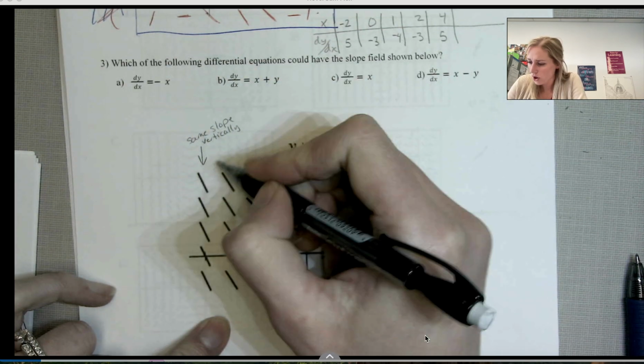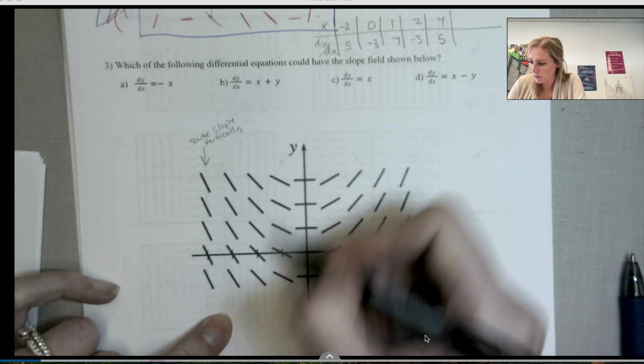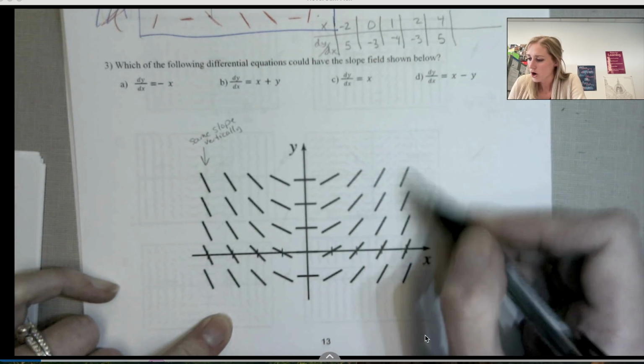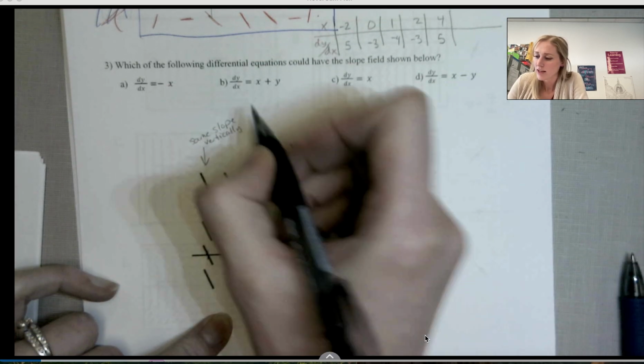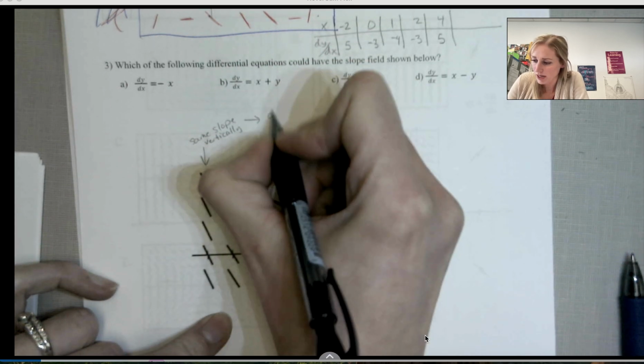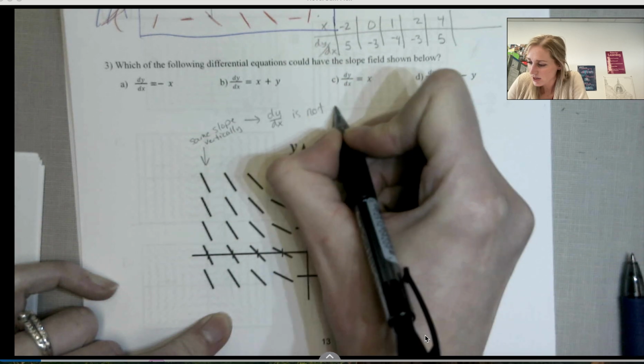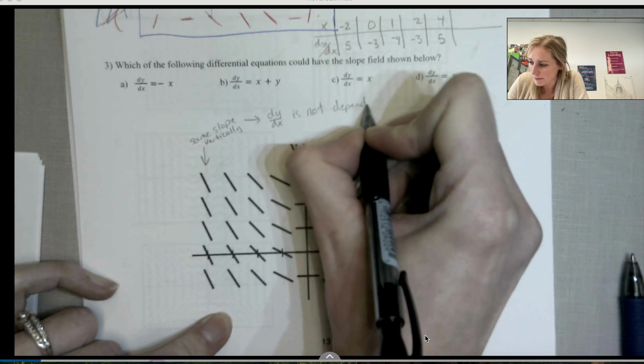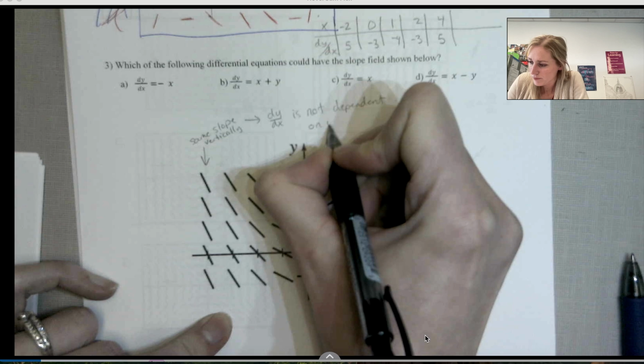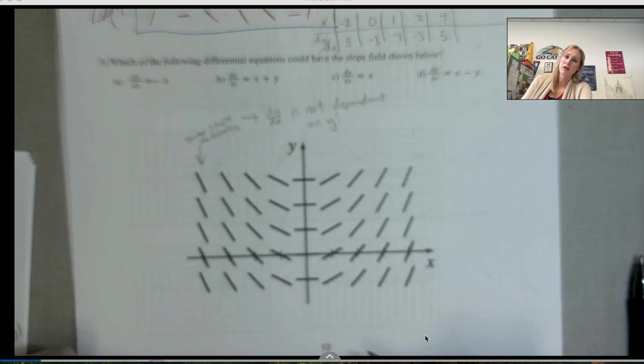That is true all along here, same slope, same slope, same slope, all the way through. When that happens, this means dy/dx is not dependent on y. That's kind of what we had in that previous problem.